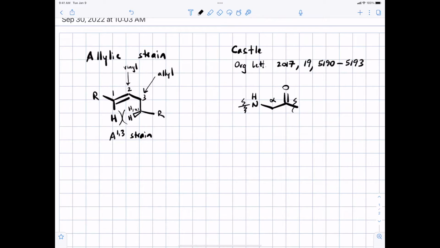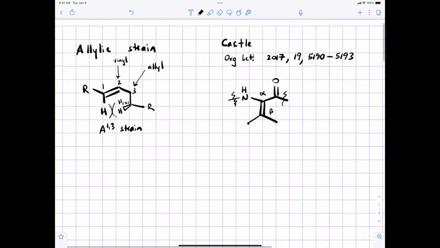This is the alpha carbon of the amino acid, and in typical amino acids, this has a hydrogen and then a side chain. In the dihydroamino acids, you get rid of that hydrogen and you make a double bond between the alpha carbon and the beta carbon. And then you have a substituent here and a substituent here.